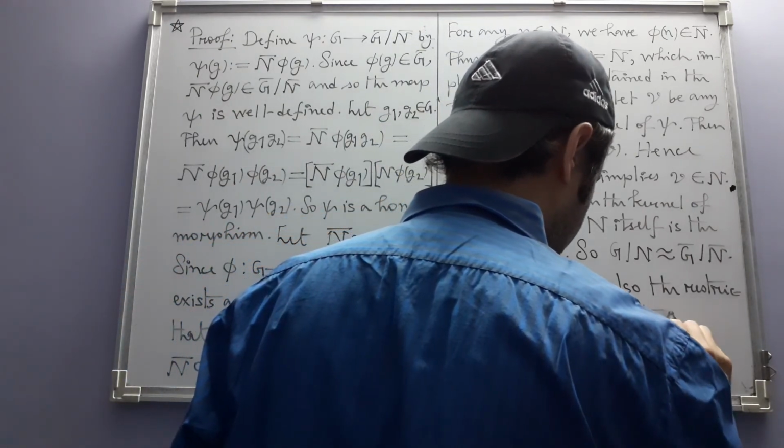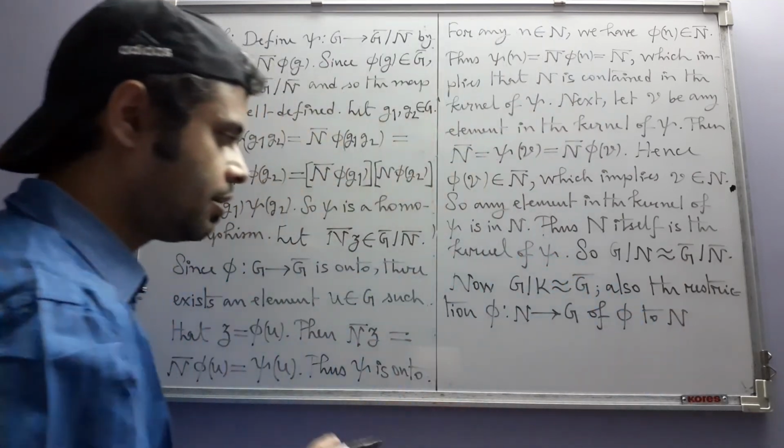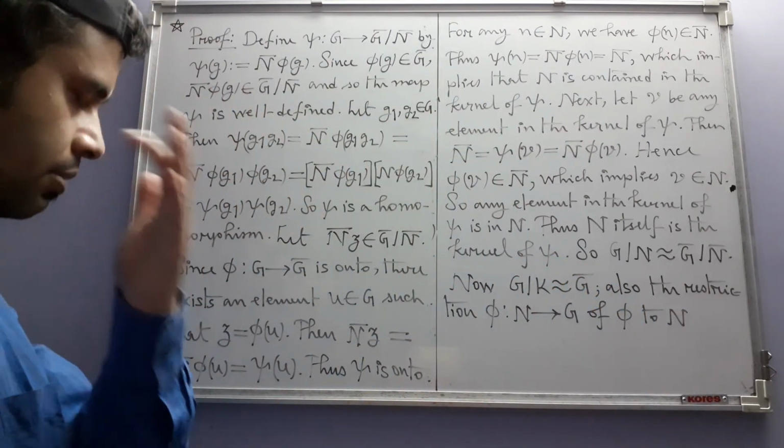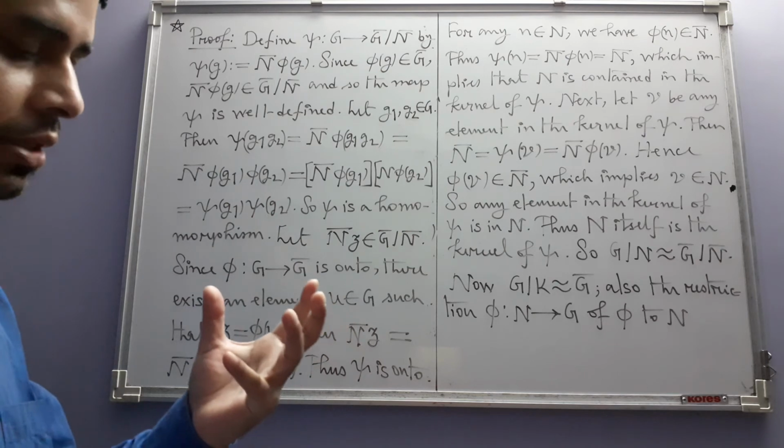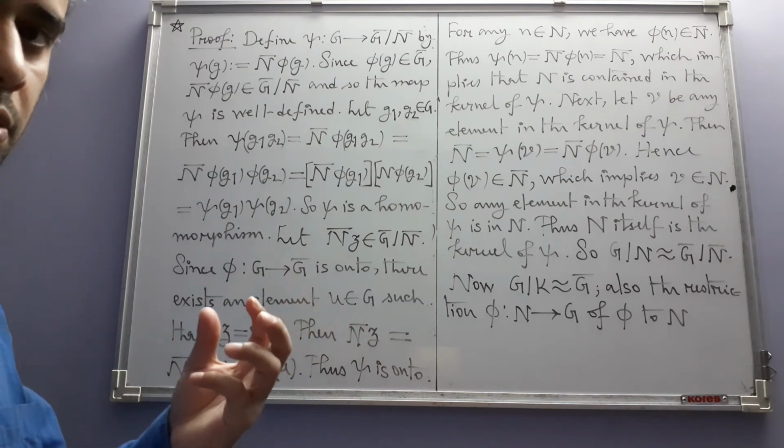Instead of considering the phi on the entire group G, we can also make its domain smaller.